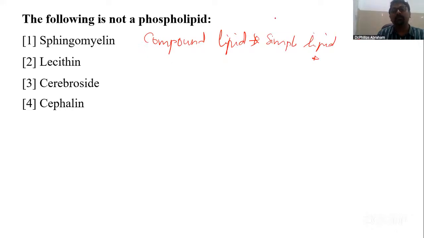What is the extra group? It can be phosphate, sulfate, protein, or carbohydrate. What are simple lipids? They are esters of fatty acids with alcohol. Our simplest example is triglyceride, triacylglycerol: 3 fatty acids plus glycerol.